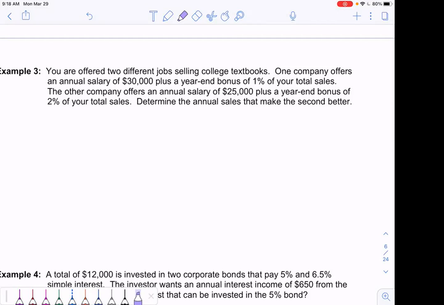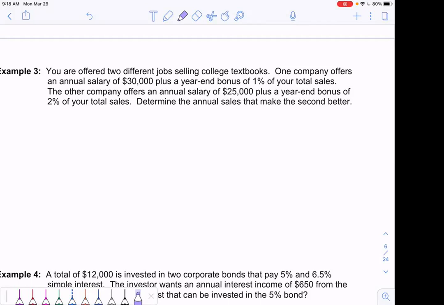If you're in retail, and we have book companies come to our school very frequently, except now they're selling us a lot of online versions instead of hardback versions. But if you're in retail, you're selling cars, furniture, medical equipment.